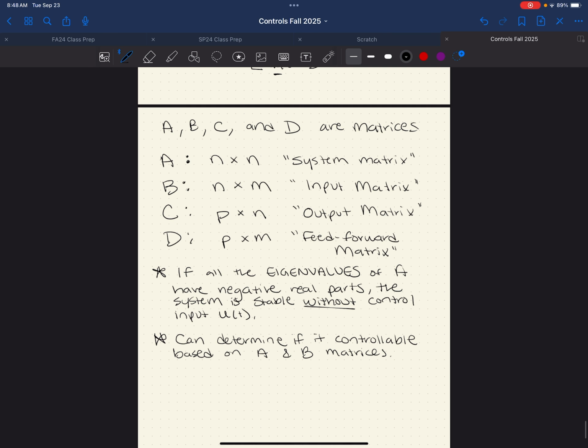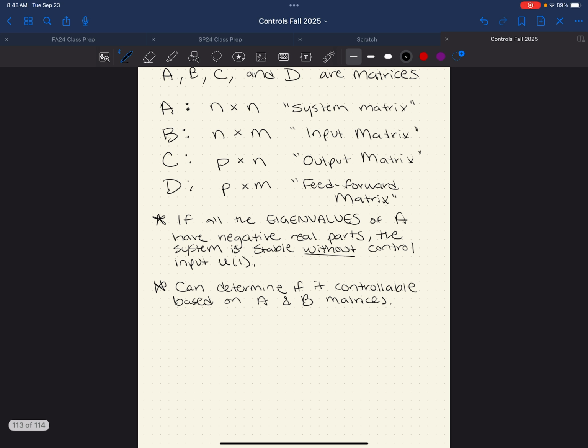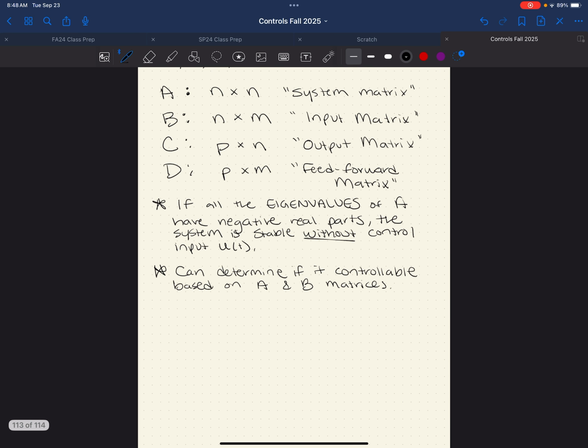Okay. Now let's go through the process of looking at a dynamical system and determining how to put that system into state space form.